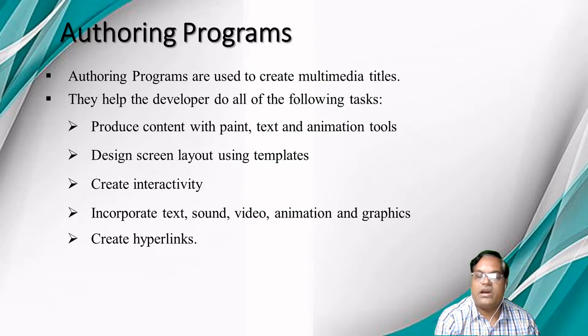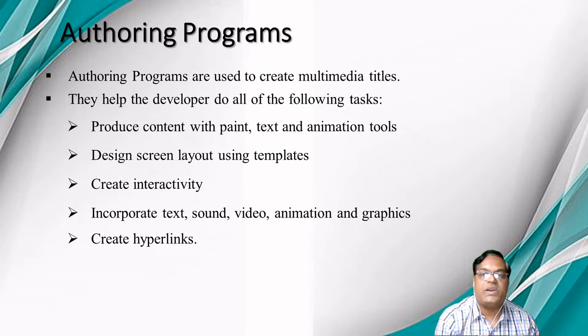And you can also incorporate text, sound, video, animations, and graphics into the multimedia titles with the help of authoring programs. And authoring programs also help us to create hyperlinks. These are a special type of text which has a link. When the user clicks on the hyperlink, it is going to jump to another page.